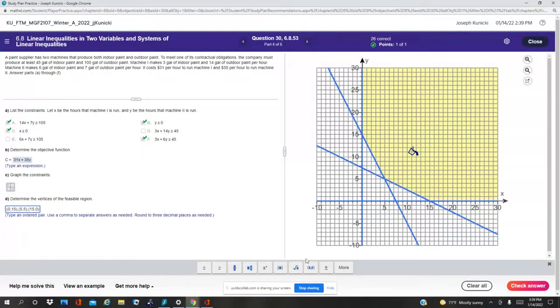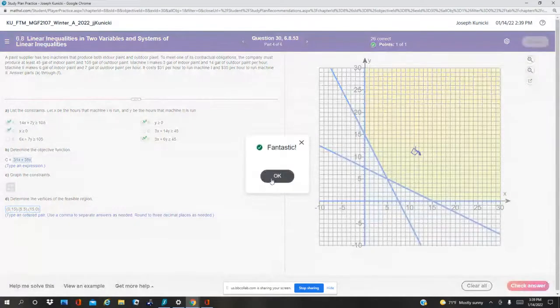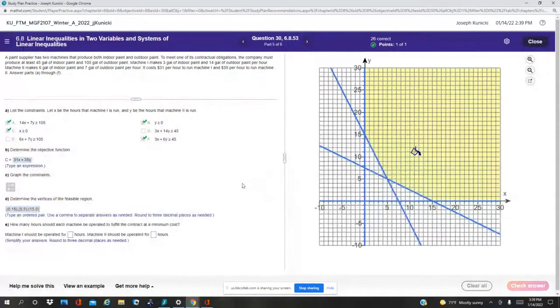So those are my 3 vertices. Okay, we're good to go. Now they want to know how many hours should each machine be operated to fill a maximum. So now I just figure out which one's a maximum. If I start on 0, 15, that's y is 15, so that'll be 35 times 15.